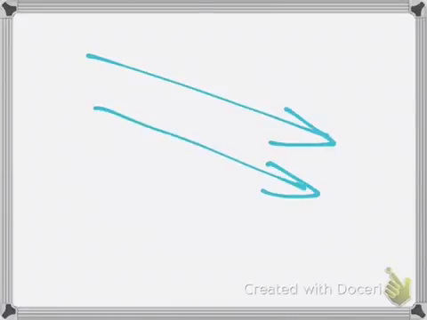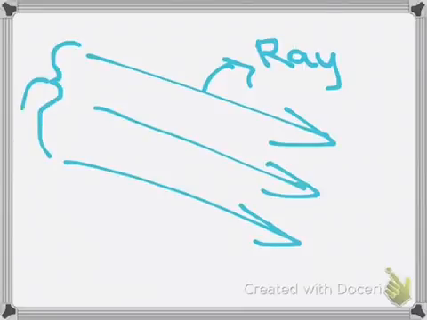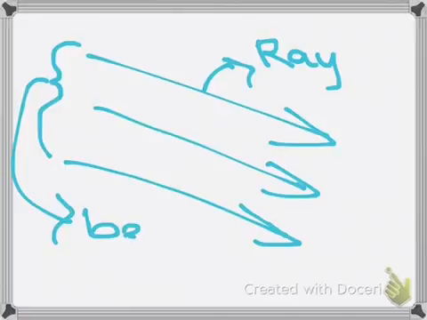And the path of light is called a ray of light, and a bundle of rays is called a beam of light. So this one thing is called a ray of light, and this whole thing is called a beam of light.